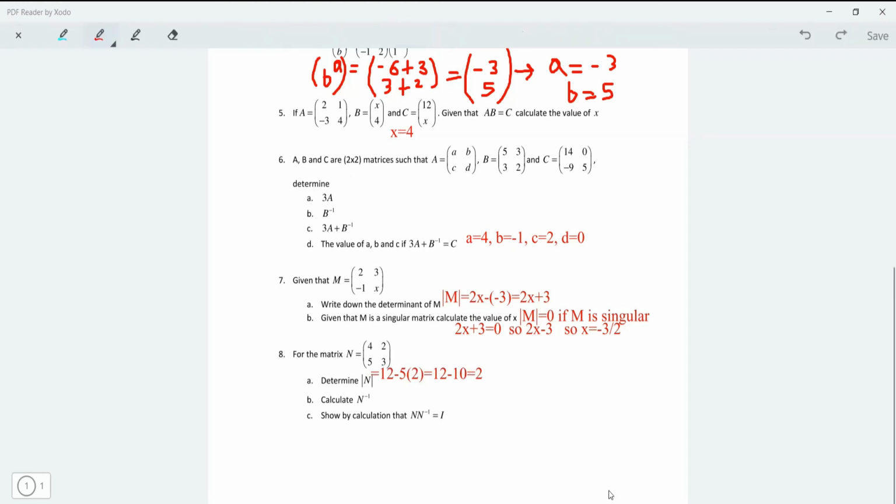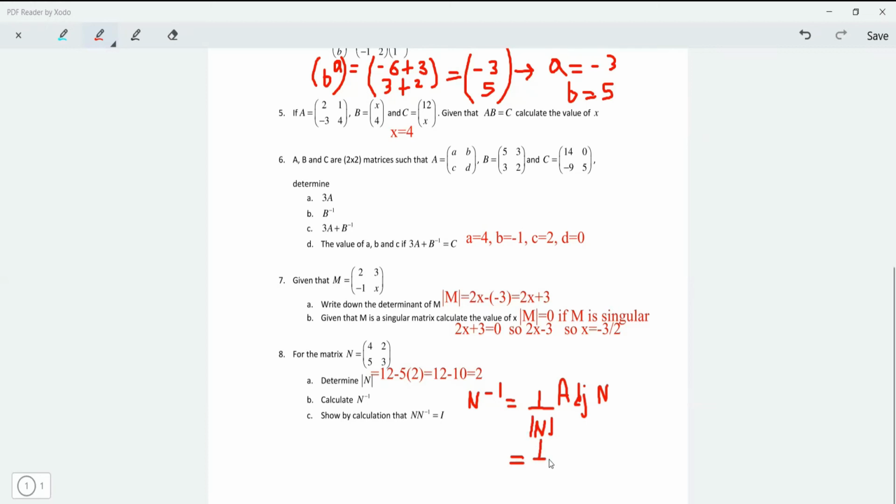Remember how we find the inverse? The inverse of a matrix, N inverse, is 1 over the determinant times the adjoint. 1 over the determinant of N times the adjoint of N. Now what is the determinant? The determinant of N is 2.